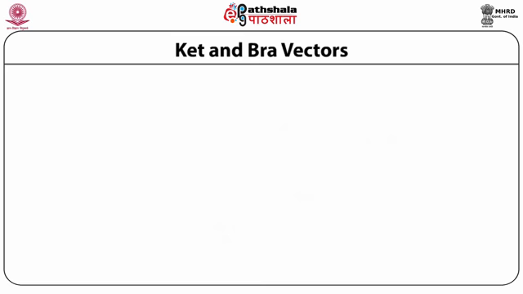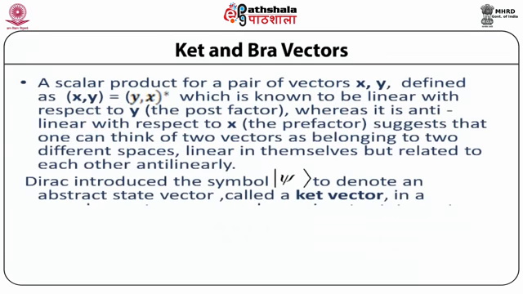First of all, we define the scalar product, which has already been discussed earlier. If we have two vectors x and y, then the scalar product of vector x and vector y is equal to the complex conjugate of the scalar product of vector y and vector x.